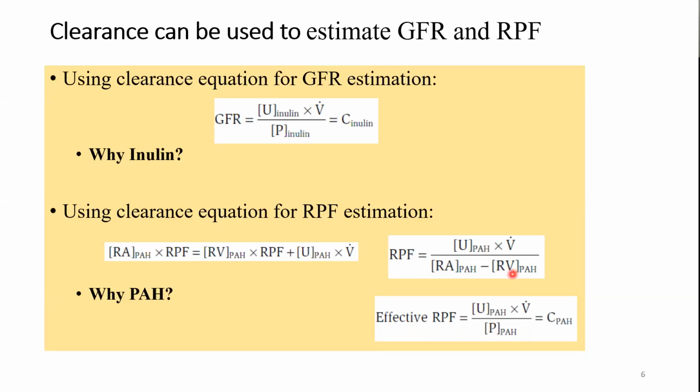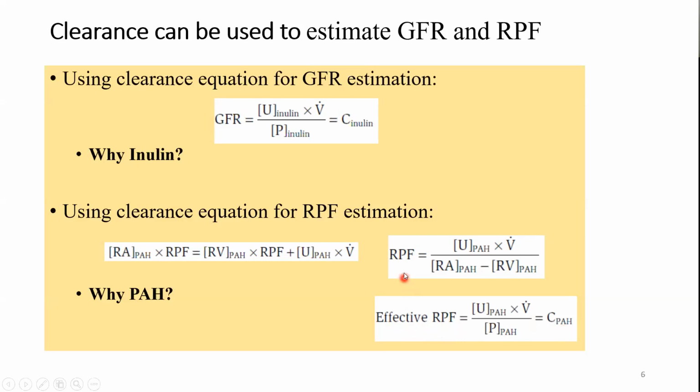You see that there is no venous PAH here, because here the extraction ratio is so high that peritubular veins do not have maybe a minute amount of PAH which you can easily neglect. So here you may only have the plasma PAH, just like a simple clearance formula. So effective renal plasma flow can be derived by running a simple equation, clearance equation of PAH, and you will get effective renal plasma flow.